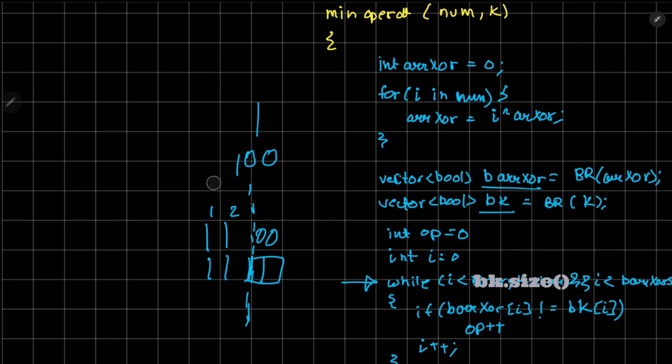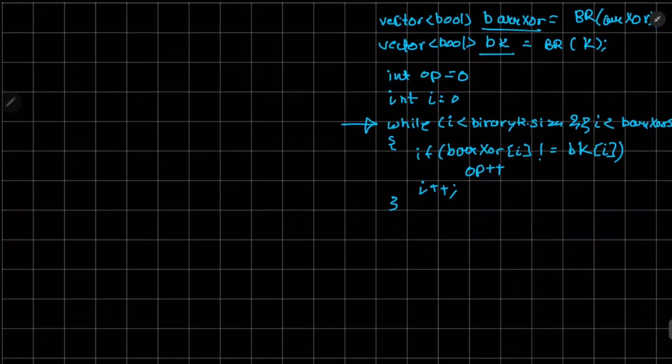So now what we'll have to do is, we will again check whose size is less, and we can do that in a concise way by writing two while loops again. So we will write a while loop while i is less than binaryK dot size. So now if this condition is true, what does this mean? This means that binaryK dot size has more number of elements than where the i is standing right now.